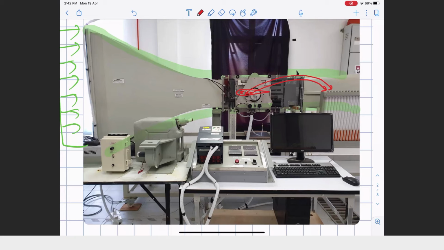And this aerofoil, you will be changing the angle of the aerofoil, and that is called the angle of attack. The angle of attack can be changed using this plate here.